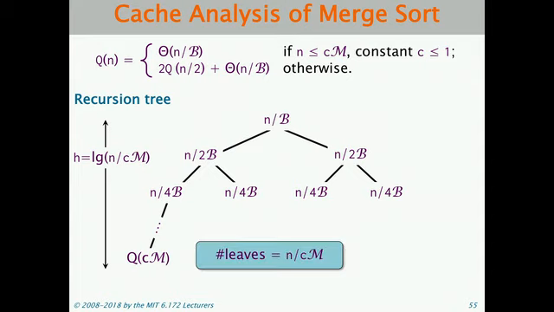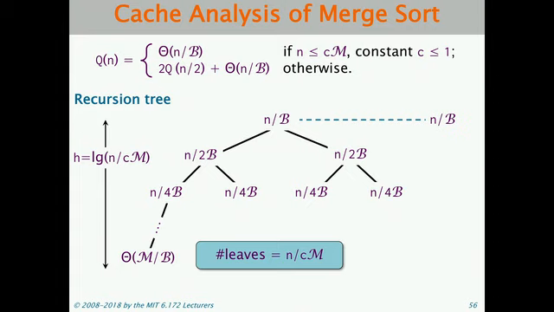The number of leaves I have is n over cm, since each leaf is theta of cm large. And the number of cache misses I need to incur to process a leaf is just theta of m over b, because I just need to load the input for that subproblem into cache, and then everything else fits in cache.